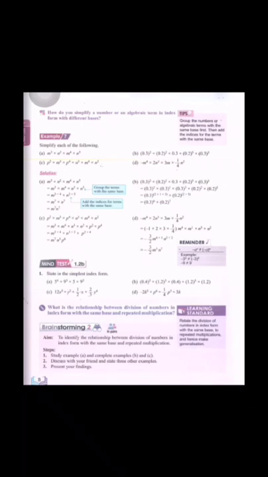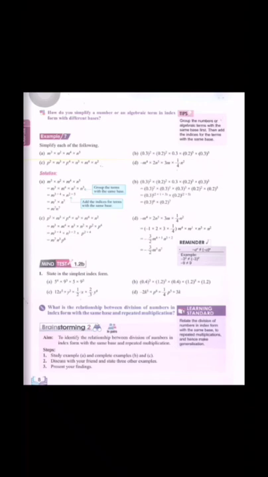So for 0.3, we have the power of 2 plus 1 plus 3. So we just add the indices for terms with the same base, which means 2 plus 1 plus 3. We will get 0.3 to the power of 6. Then 0.2, we have the power of 2 and the power of 5. So we just add, we will get 7. So the last answer, 0.3 to the power of 6 times 0.2 to the power of 7.